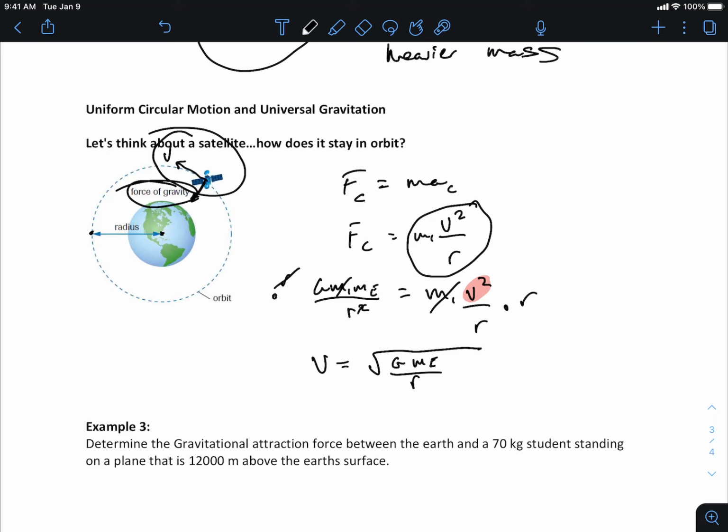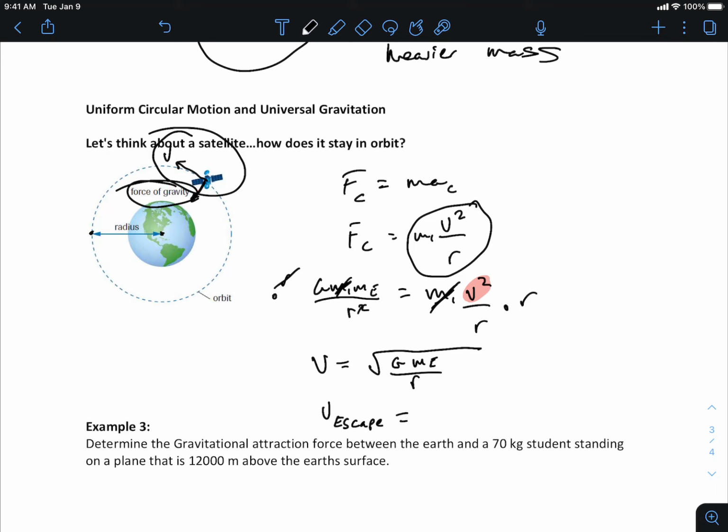Okay, I find the most interesting thing is that it's independent of whatever it is that's orbiting Earth. There's no mass there; it's not taking that into consideration at all. And so we call this a general rule, because it applies to all objects: the mass is canceled, so it doesn't matter what you're working with. And so we call this v escape.